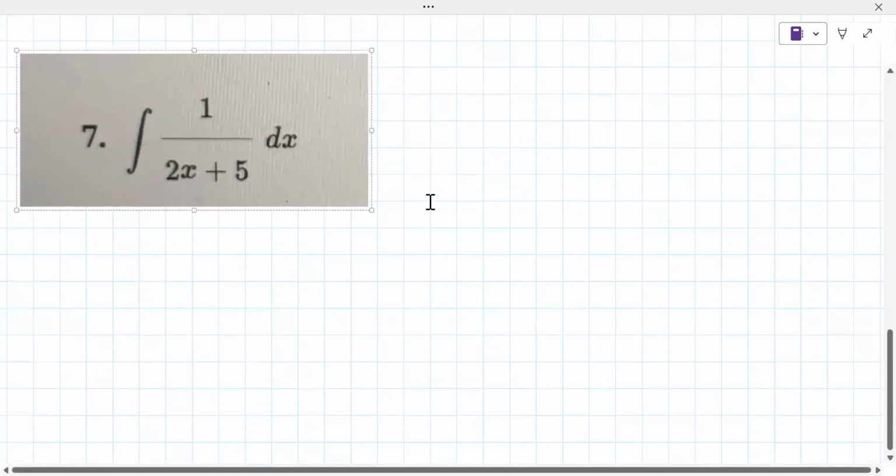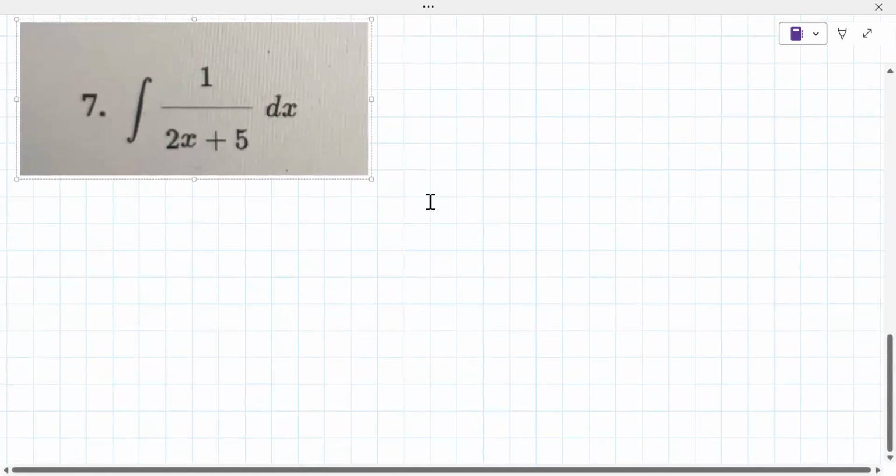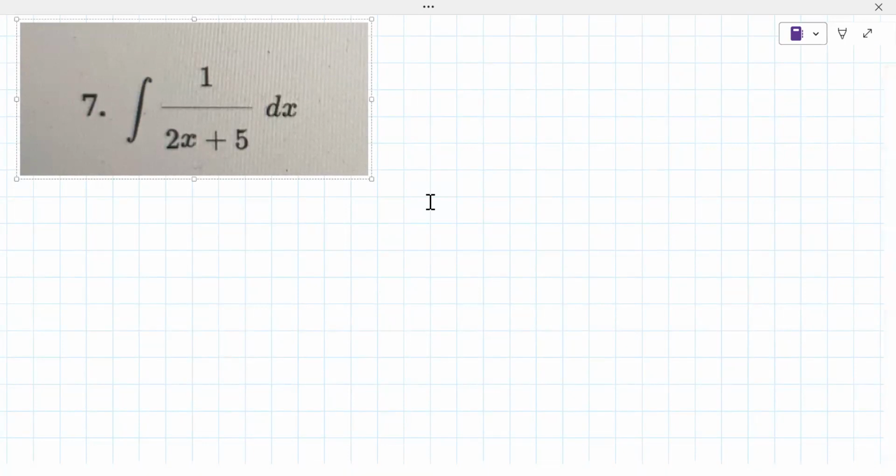All right. So in this one, the u is 2x plus 5. So could you calculate the derivative of that for us, please?